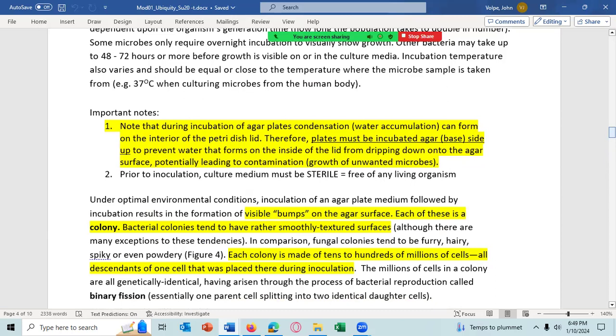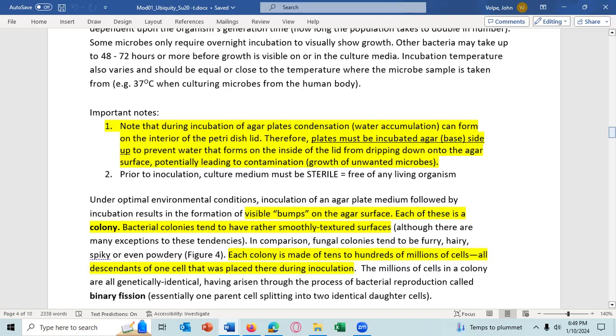All right, you should note that during incubation, when you have an agar plate in the incubator, the warmth of the incubator will cause the water from the agar to come out, evaporate from the plate, and then condense on the lid of the plate.